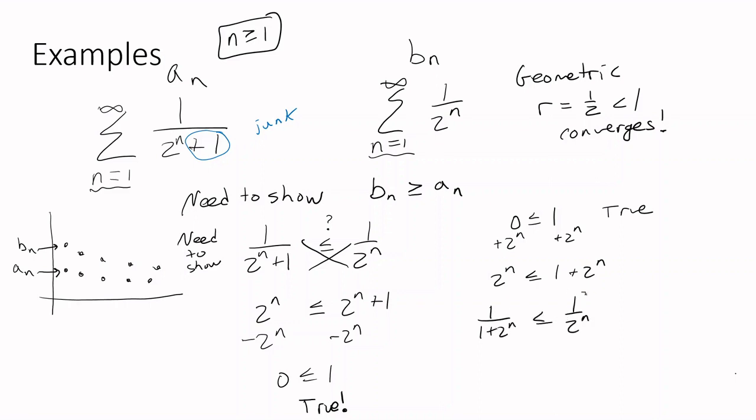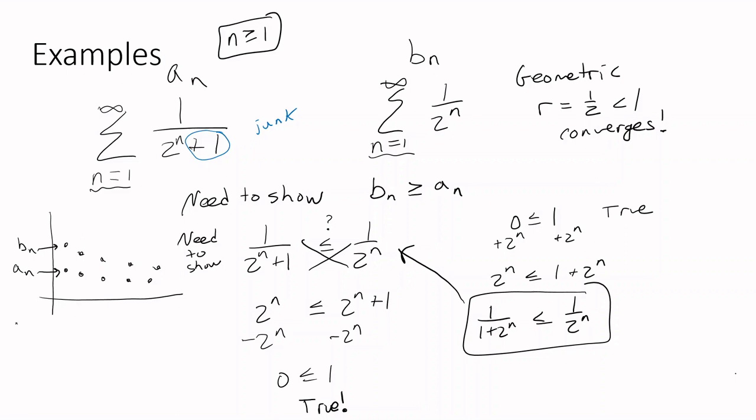And hey, look, this is exactly what I had wanted to show to start. So I just literally ran every single step I took on the left, I did it on the right. I just reversed what I did. I reversed the order. I went backwards. Okay, so we know then that that's true. We know then that B sub n is always bigger than A sub n.